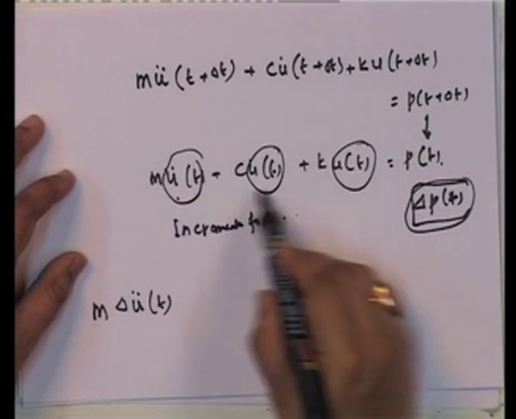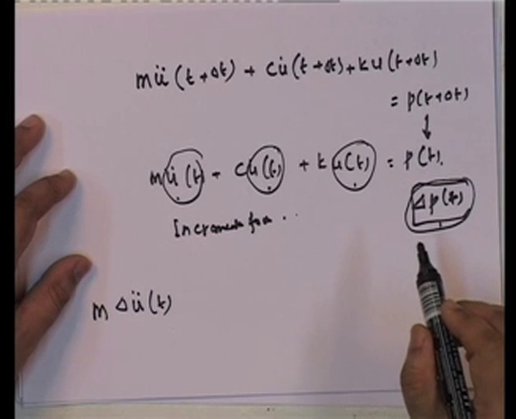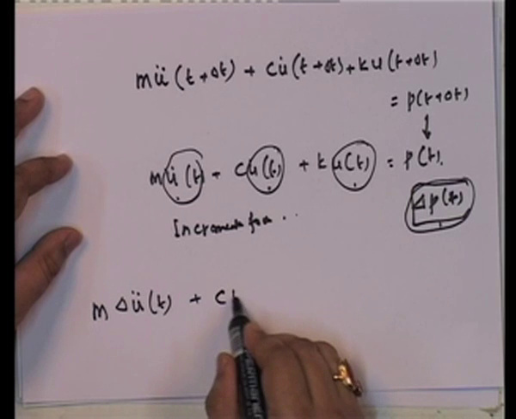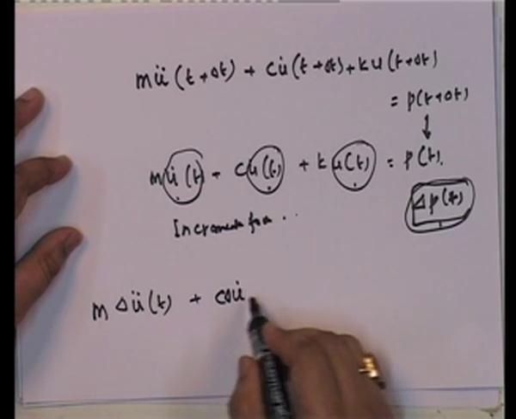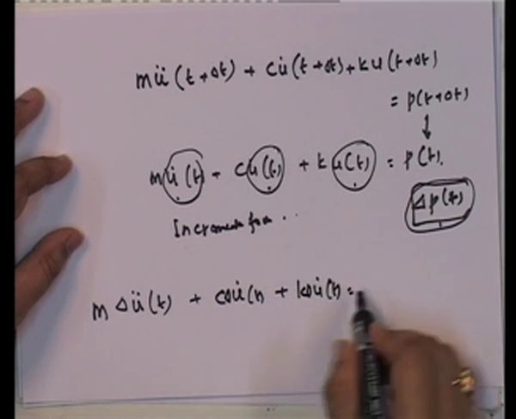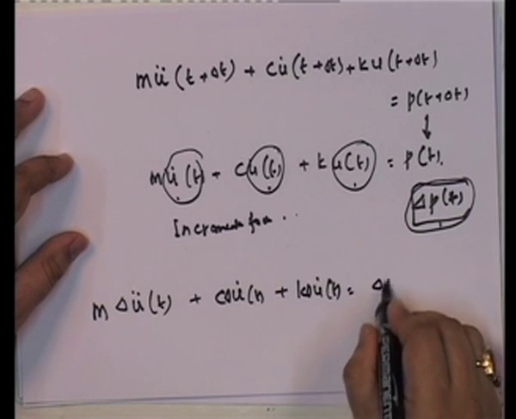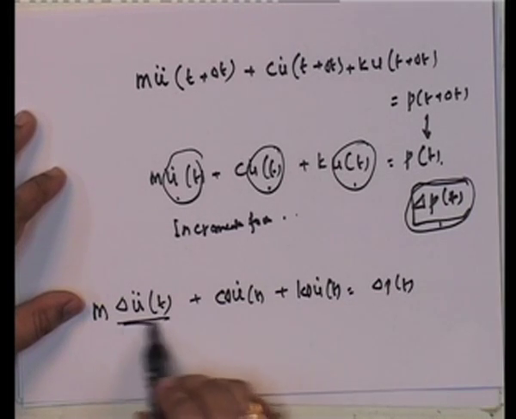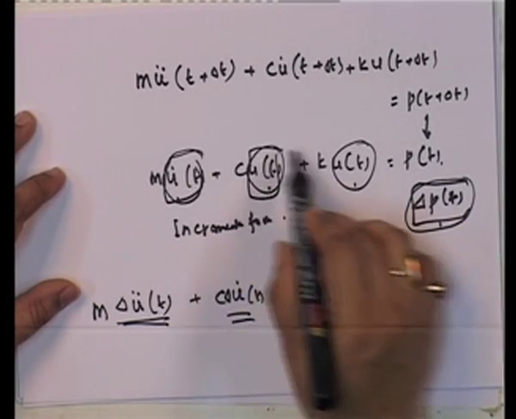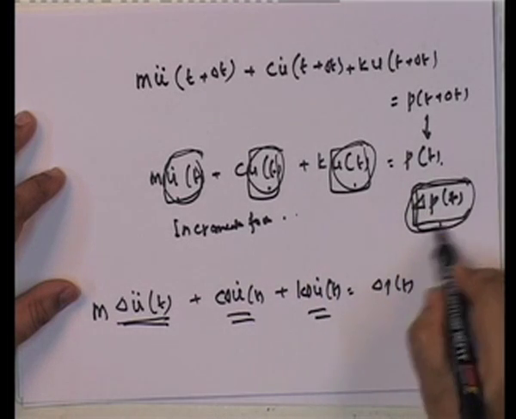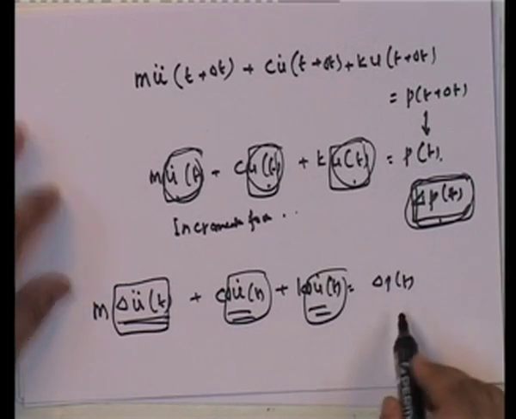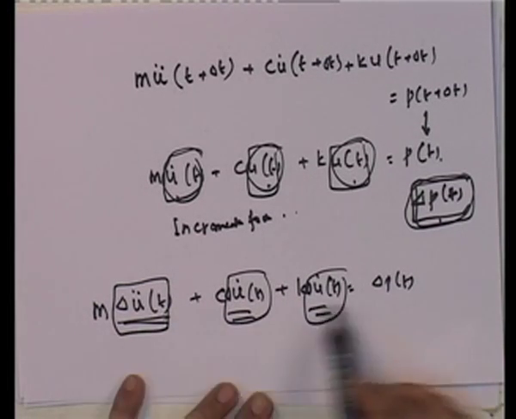So, from knowing this, this and this and this, I want to be able to find these out. Knowing these, so my problem becomes knowing these and this, I want to find out this, this, this. And for finding out this, I need to just solve this equation.